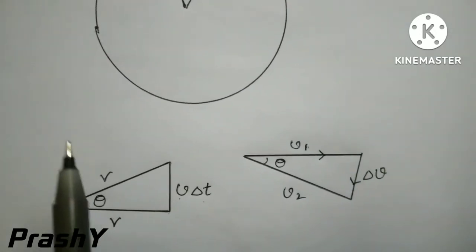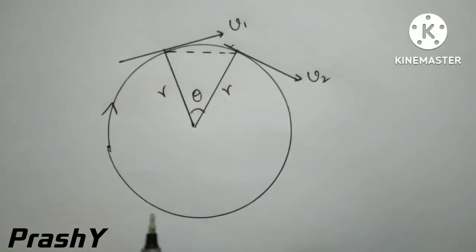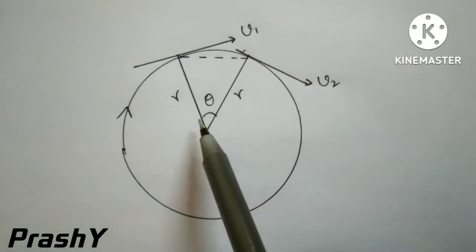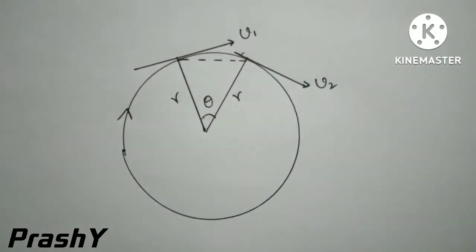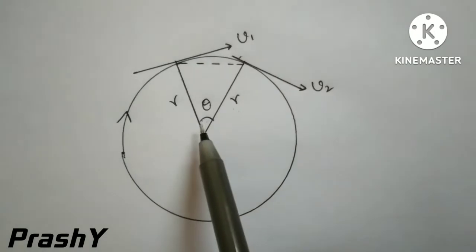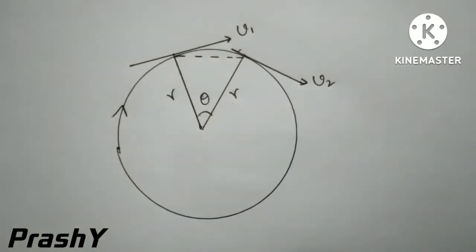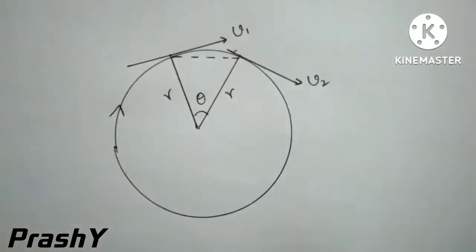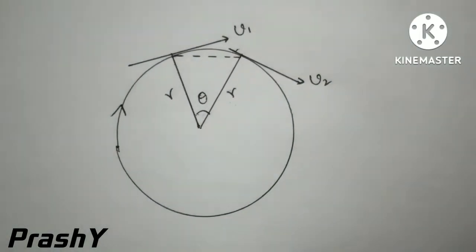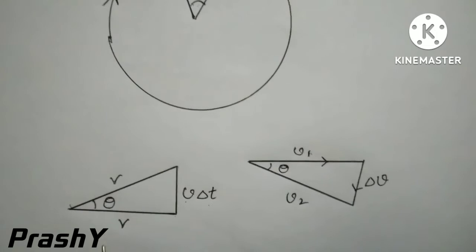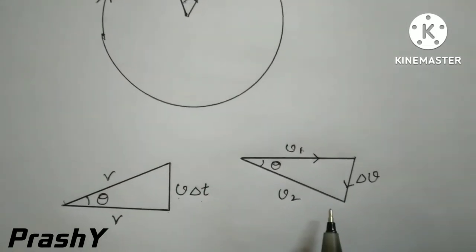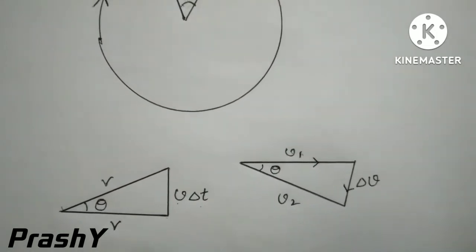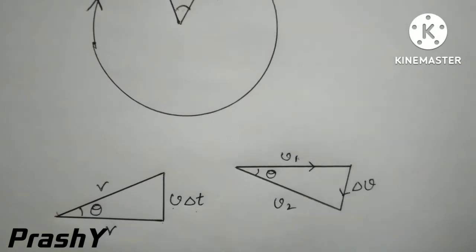So, since we are deriving the instantaneous acceleration, the angular displacement will be very small. When theta is very small, this arc length will be equal to the line joining these 2 points. If we observe, these two triangles are similar triangles because they are both isosceles triangles subtended by an angle of theta.